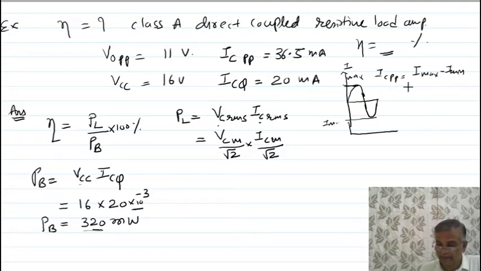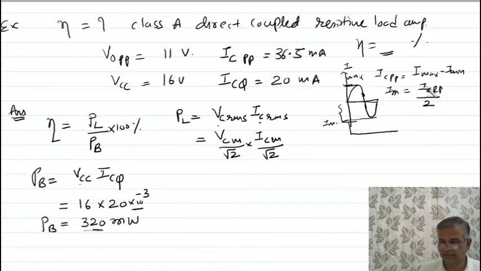So what is this maximum value? IC maximum is nothing but IC peak to peak by 2. It's very easy to find this answer. IC peak to peak divided by 2, you will get the maximum value. See this maximum, this peak minus this peak, upon 2, you will get this maximum.